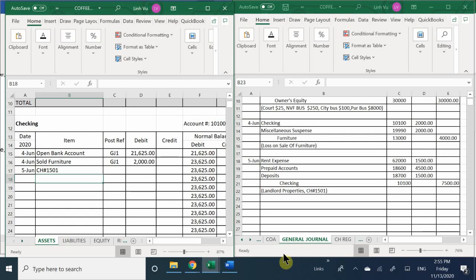Okay, so you have many post references. So with the post reference here, even if I wrote check number 1501 and I have my post reference, I know that if I go to my general journal number 1, I'm going to find it automatically. All right? And because I'm crediting my account, I'm decreasing the amount of money I have.